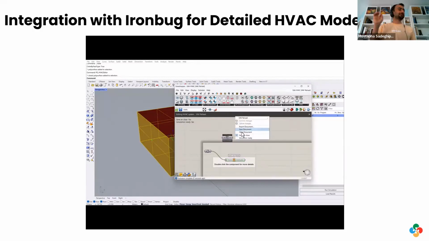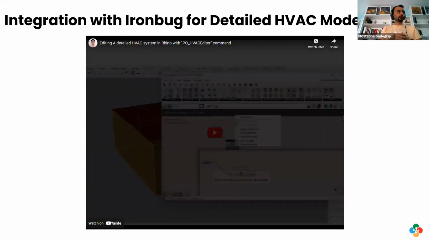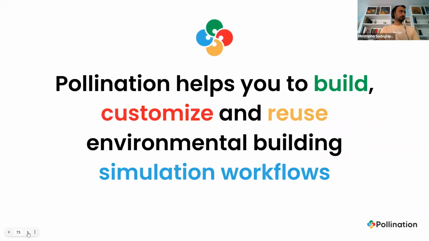But people wanted more than that. People wanted to be able to edit all the details of the HVAC. And there is another plugin that's called Ironbog that Mevo developed, who's part of our team, on top of the OpenStudio SDK. And we are now exposing that. So you should be able to run detailed parametric HVAC studies on top of your model in the Rhino plugin soon. Just to give you an idea where things are going with the Rhino plugin.